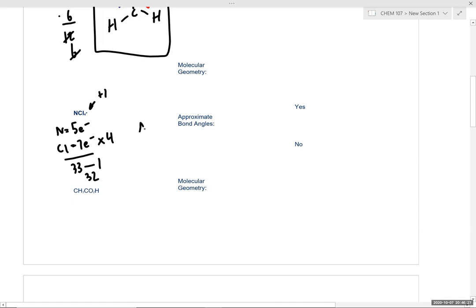So we're going to put nitrogen in the center and surround it with each of our 4 chlorines. And we're going to form 1 bond each. So from our total, we subtract 2 electrons per bond, and that gives us 24 electrons.